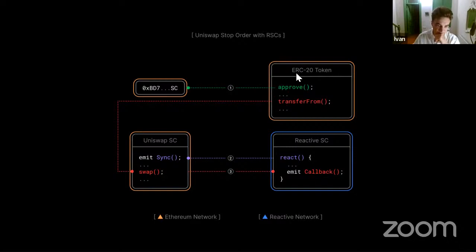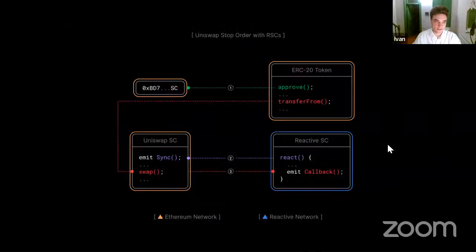Then the reactive smart contract sees the Sync event on the Uniswap smart contract. And when it sees this event, the react function is triggered and the callback is emitted. In that case, the callback is swapping tokens. Within the swap, tokens are being swapped and transferred back to your account.